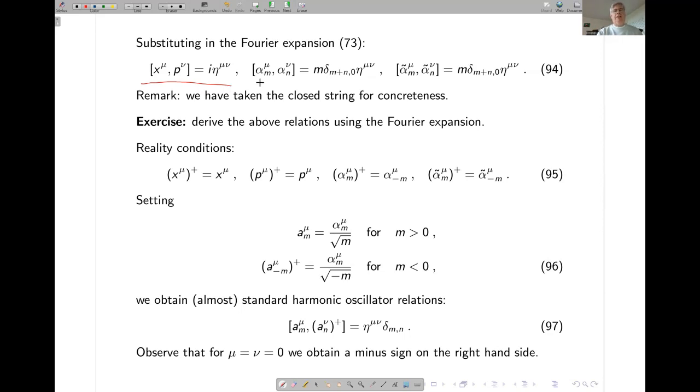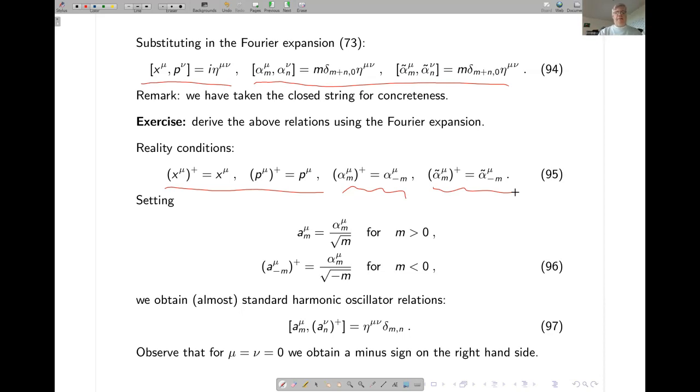And then we have relations between the Fourier coefficients, which look like this. We also have to remember that overall the capital X is real, or as an operator Hermitian, and that means that x and p are Hermitian operators, whereas for the mode operators, alpha m is related by Hermitian conjugation to alpha minus m.